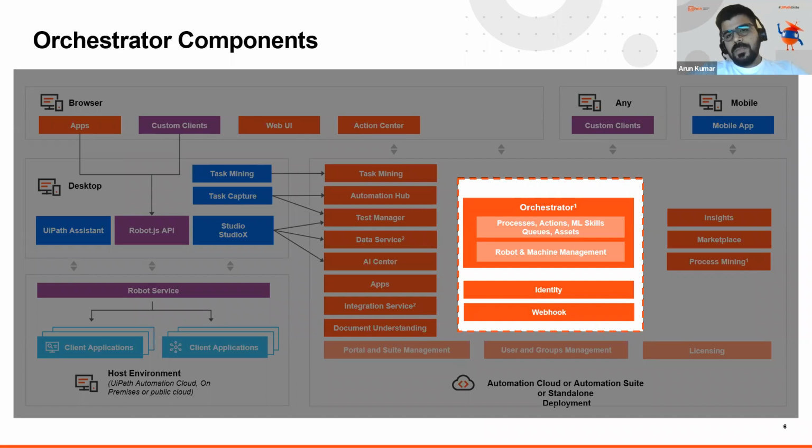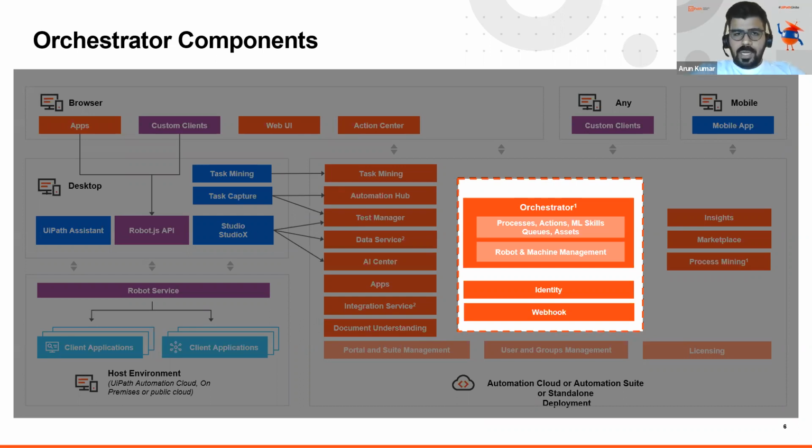Along with it comes the identity. Identity ensures centralized authentication and access management for the orchestrator. We have webhooks also, which help in the communication with the external applications that you want to employ. This covers the components of the orchestrator.